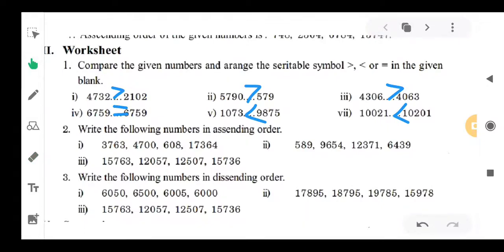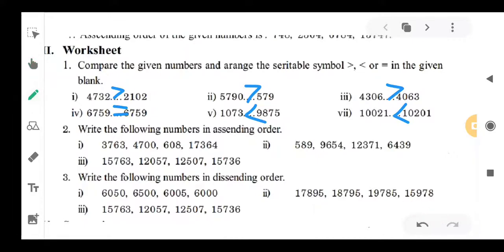What is next problem? See this. This is 7,895, 18,795, 19,785, 15,978. So in this only you can compare, this is 17,000, this is 18,000, this is 19,000, this is 15,000. So 19,000 is the biggest one, after that 18,000, after that 17,000, after that 15,000.